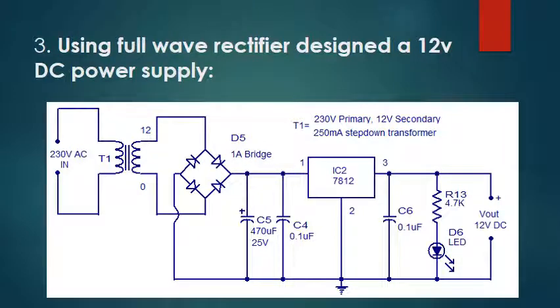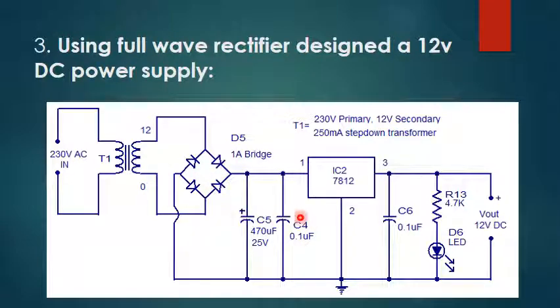Our third question was to design a 12 volt DC power supply using a full wave rectifier. Here I use a 230 volt AC input. It is our transformer, which is a step down transformer, and then the current will flow towards the full wave bridge rectifier using the four diodes.